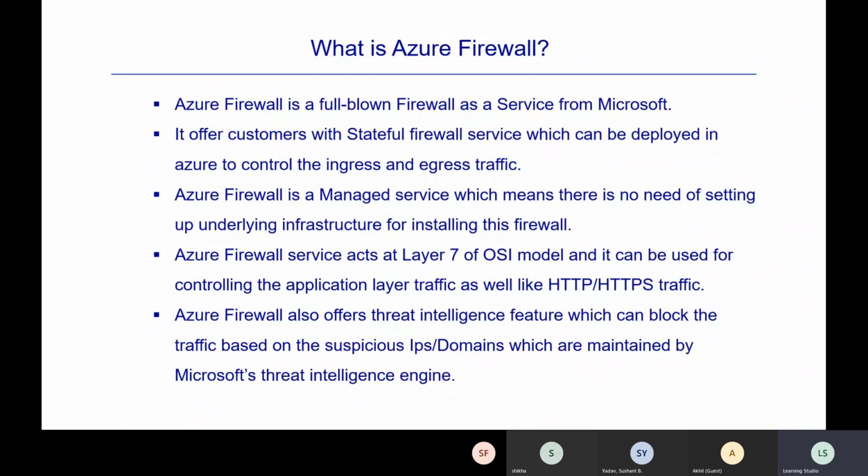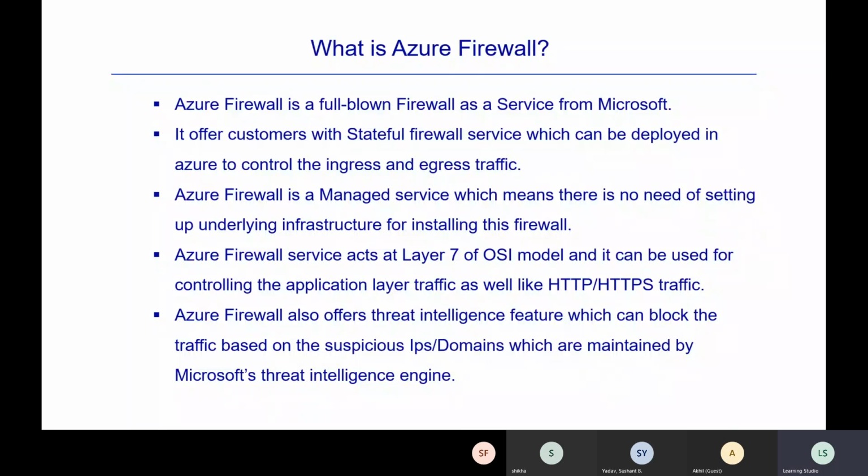When we talk about the application layer, that means layer 5, layer 6, and layer 7. These are called application layers. So you can basically use Azure Firewall to control your traffic at the application layer as well.